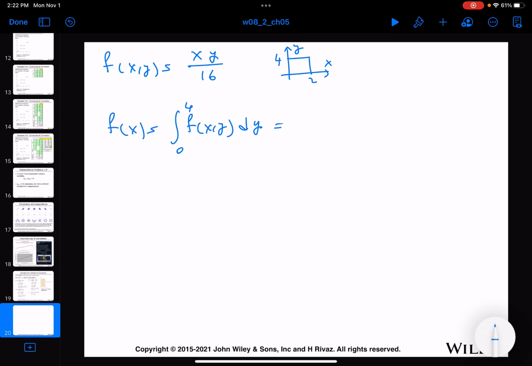So this is going to be x divided by 16 times the integral of y dy from 0 to 4, right? And that is x divided by 16 times y squared divided by 2 from 0 to 4.